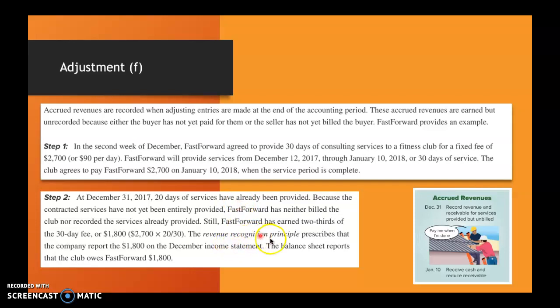Because of the revenue recognition principle, we must report that amount in the current 2017 year. So we divide 20 over 30 days, so 2/3 of the work has been performed, and multiply that by the $2,700 revenue that we will receive. So that's $1,800 that we technically earned in the fiscal year 2017.